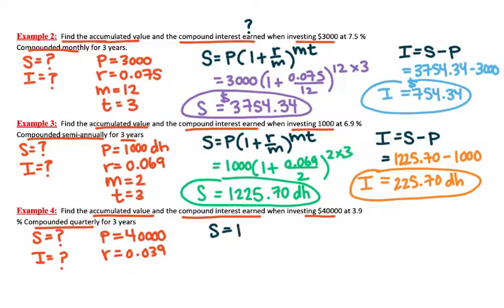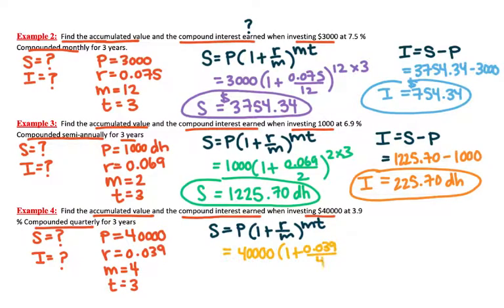I know it's the complicated equation that has a lot of parts to it, and I have to ask myself, what is M? Well, if they say quarterly, that means 4 times per year. M is 4, and T again is 3 years. Okay, so we will plug everything in, and we say 40,000 times 1 plus 0.039 divided by 4, all raised to the power 4 times 3.